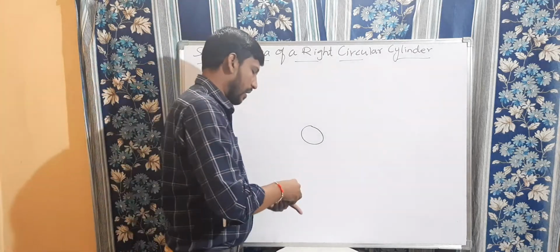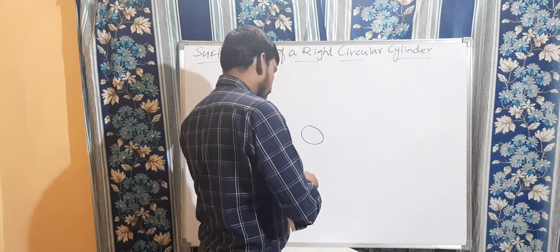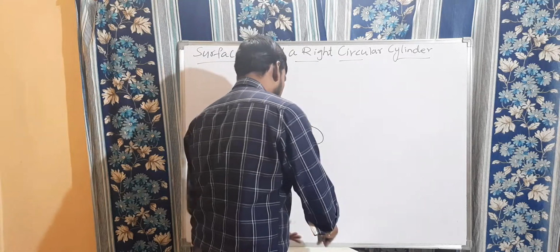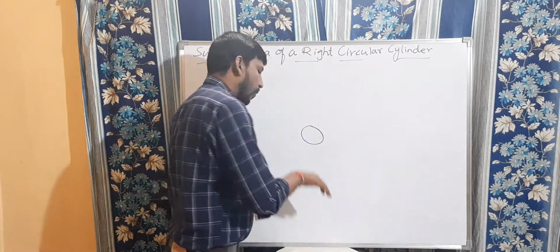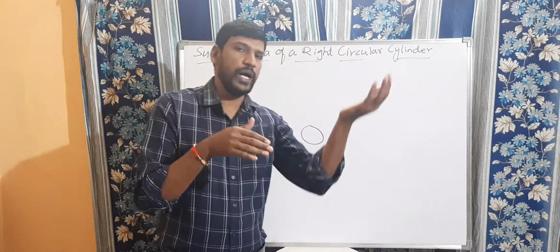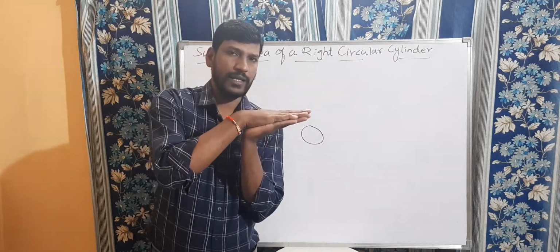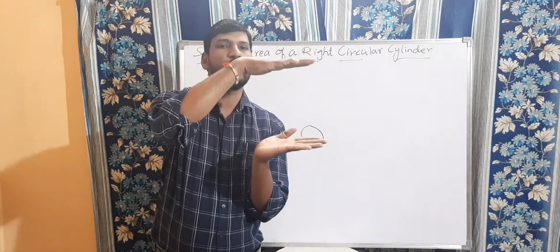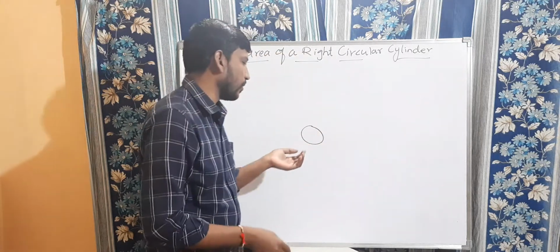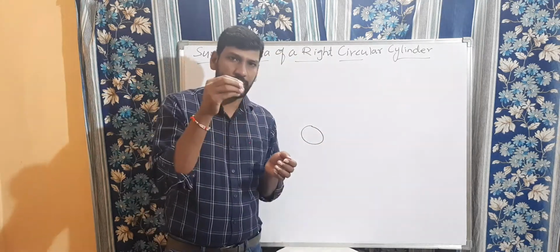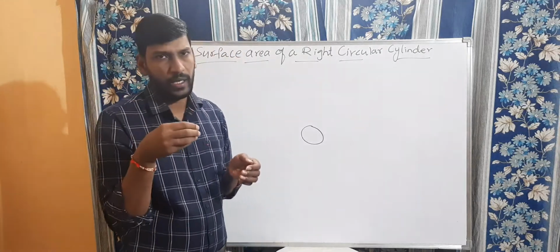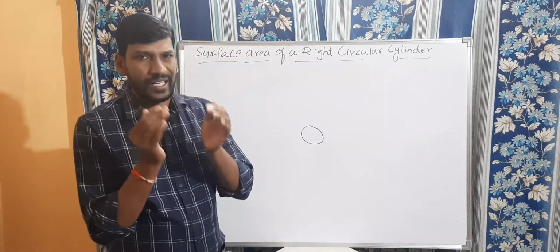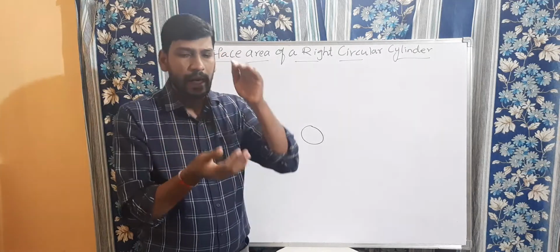It is nothing but a right circular cylinder. When we keep one circle over another, for a cuboid we kept one rectangle over another and we got a cuboid. The same here also: take circular pieces from the cardboard or paper, take some circles of the same radius and keep them one by one.